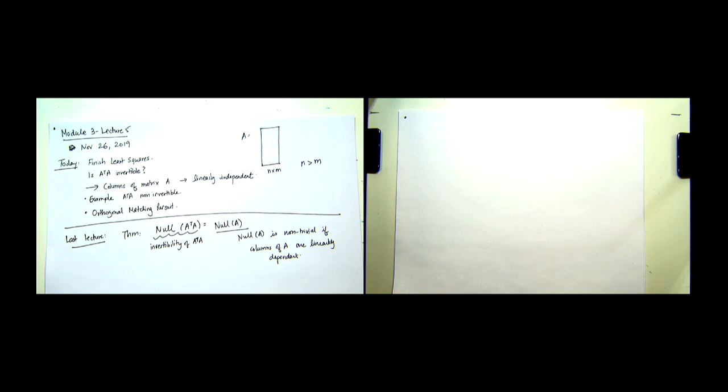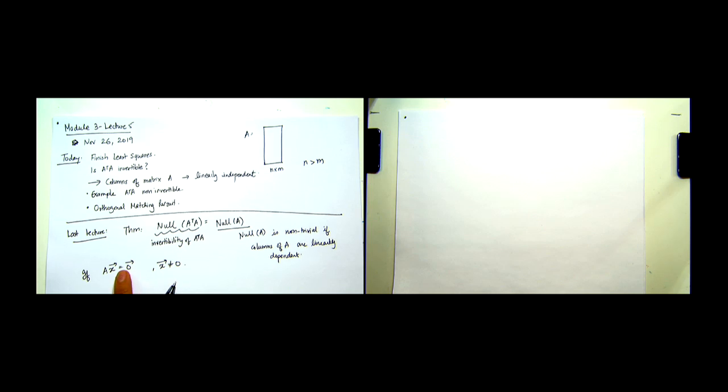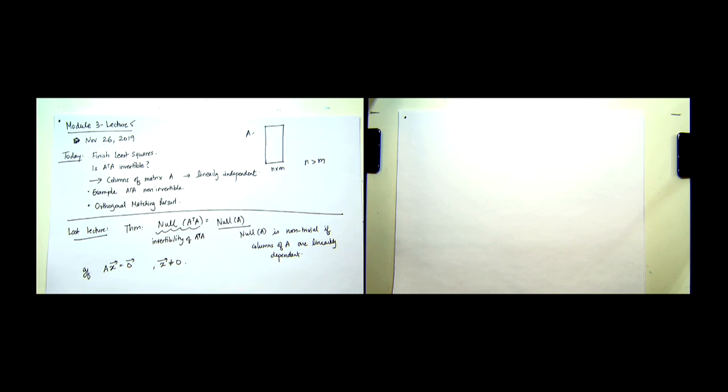It means that if A times x is equal to 0 and x is not equal to 0, then x is in the null space, right? It's a non-trivial null space if I find such an x. But A times x, remember, is just a linear combination of the columns. If I think of the elements of x being x1, x2, through xn, and the columns of A being a1, a2, through an, this is just a linear combination of the columns.